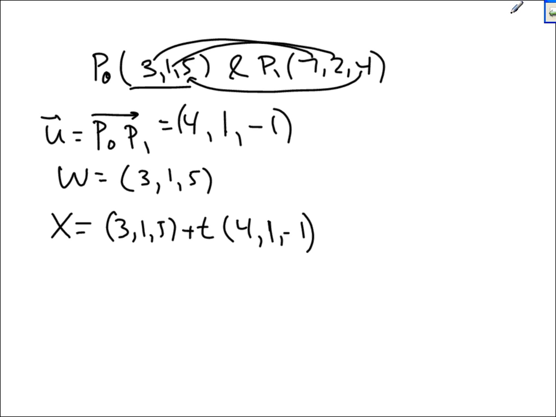You want to write it in, remember, this is big X. What is big X? I can tell you. It's (3 plus 4t, comma, 1 plus 1t, comma, 5 plus negative 1t), or 5 minus 1t.